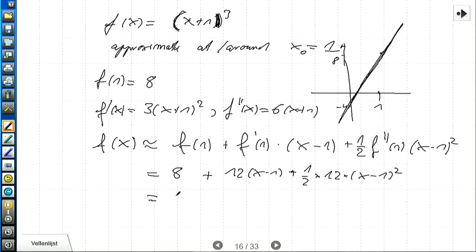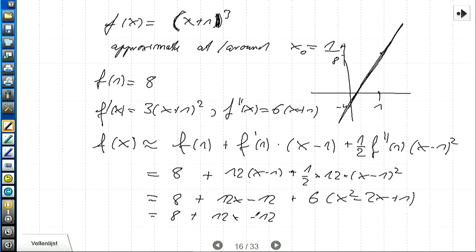So we've got, and pretend that we haven't done the first part, 8 plus 12x minus 12, plus 6 times (x squared minus 2x plus 1), that is 8 plus 12x minus 12 plus 6x squared minus 12x plus 6.